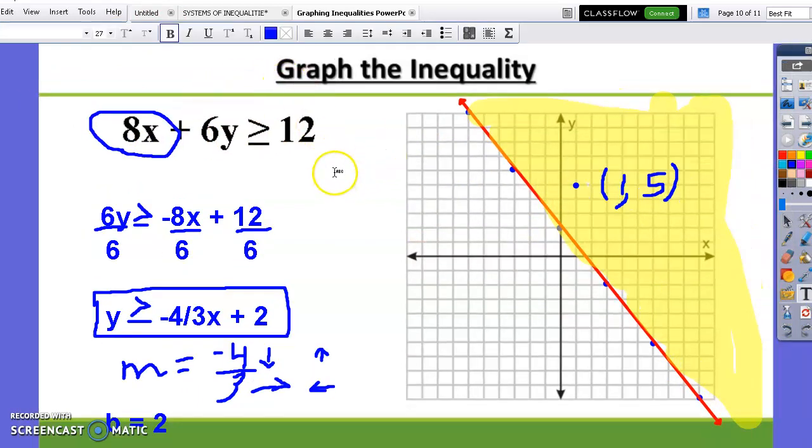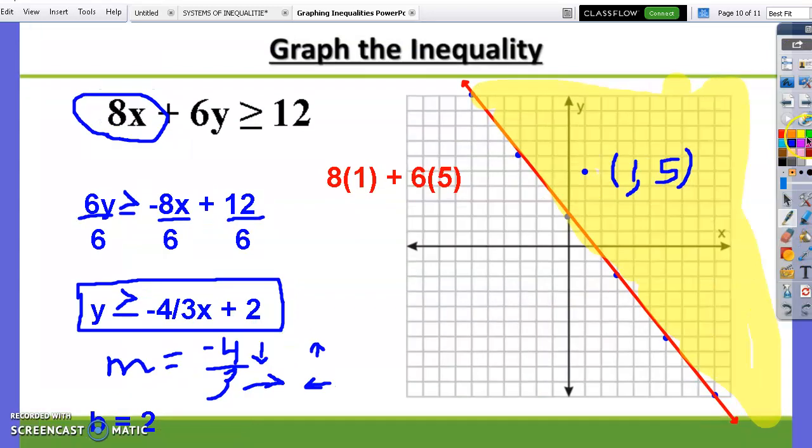So if I were to do that, let's do it with red. I'd have 8 times 1, because 1 is x, plus 6 times y, which is 5, greater than or equal to 12.